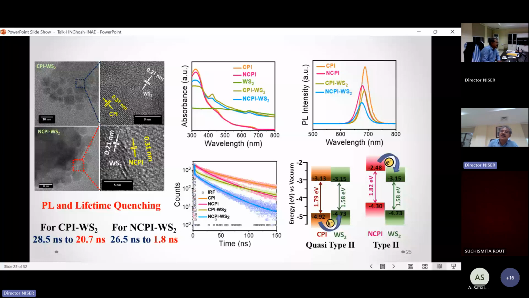Now, if you calculate the energy levels, for both CPI WS2 and NCPI WS2, in one case it forms a quasi type 2 material, and in the other case it forms a type 2 material. In quasi type 2, the electron energy levels are very similar, so the electron can be delocalized, but a little bit of hole can go. But in pure type 2, your electron can move to WS2 and the hole can move to NCPI. So there is a huge charge separation, which is very good for the system.